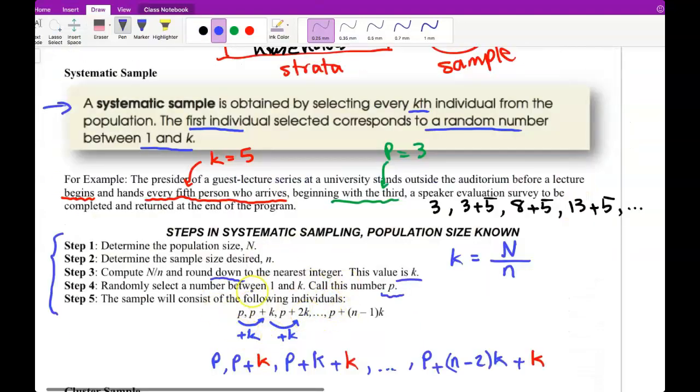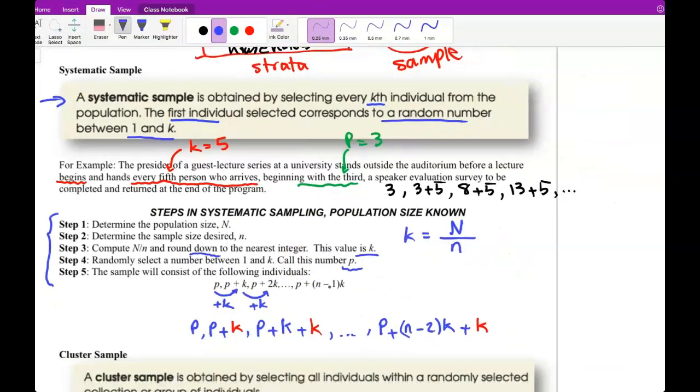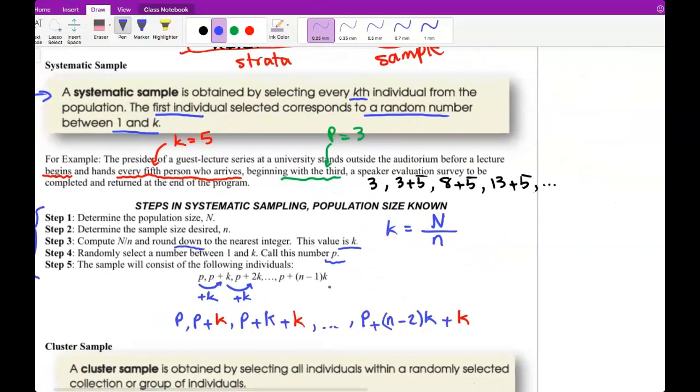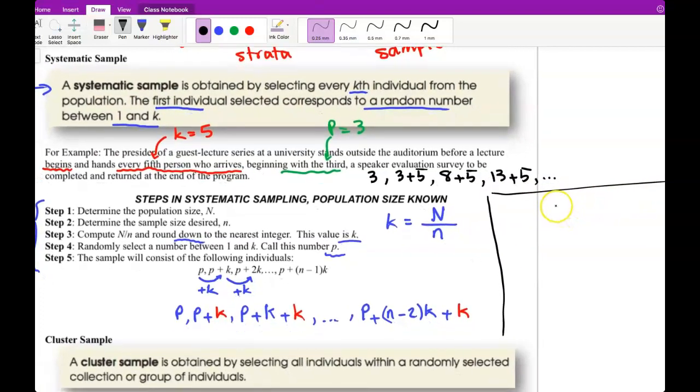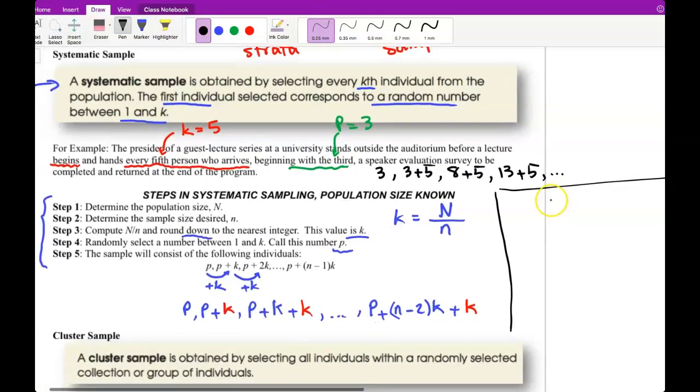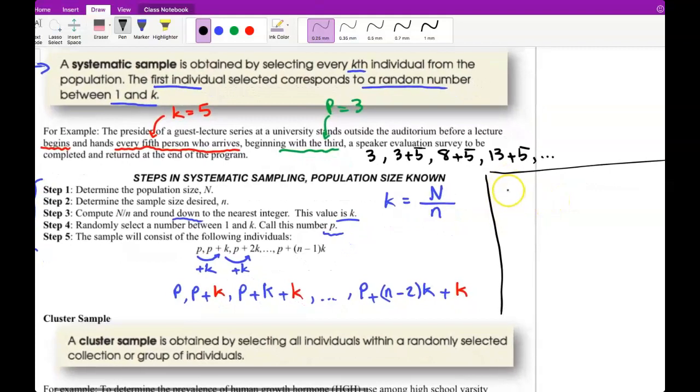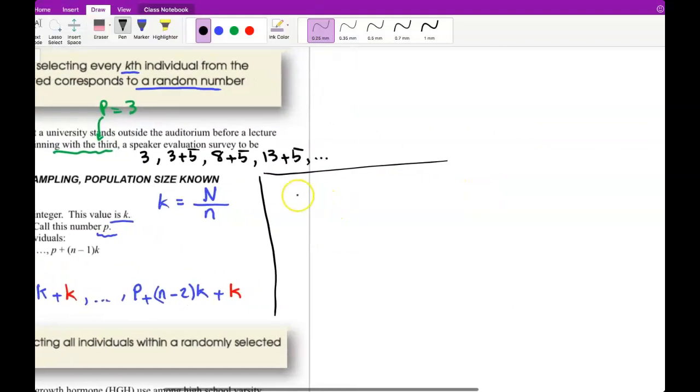Okay, I want to have another example for this part. Let's have another one here. For example, our population, we have these numbers.